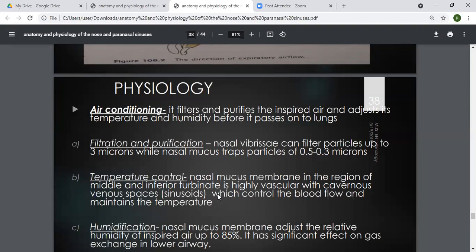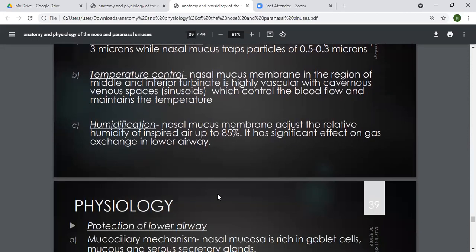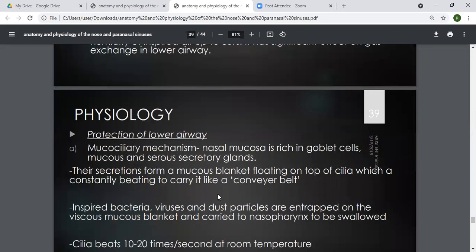The temperature control is done by the mucous membrane in the nasal cavity, while the humidification is still done by the mucous membrane. So you find that there's humidity added to the inspired air, which is up to 85%, so that you don't breathe in dry air, which would be harder for gaseous exchange in the lower airways.